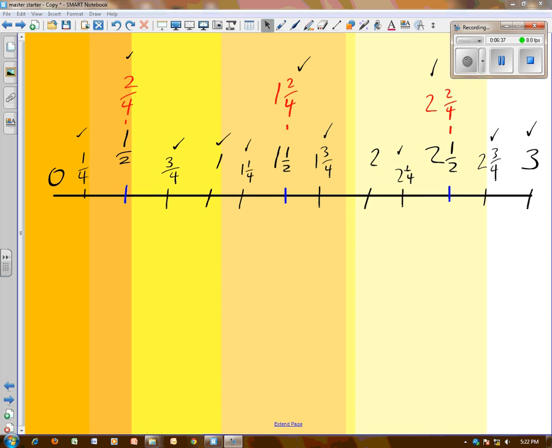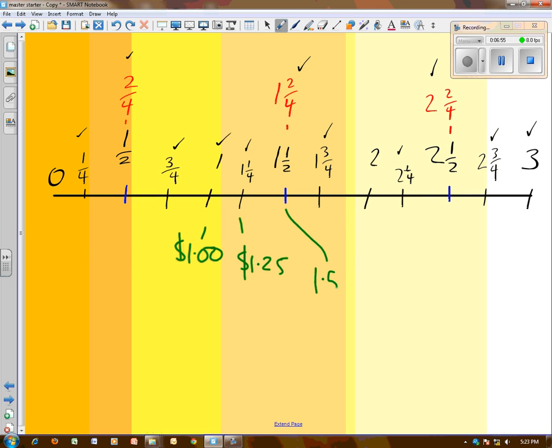And I was running out of room, so I just got rid of those. We'll go back to 1. 1 equals $1. There it is. And 1 1/4 equals, I wonder if you work this out, $1.25. 1 2/4 or 1 1/2 equals $1.50. 1 3/4 equals $1.75.